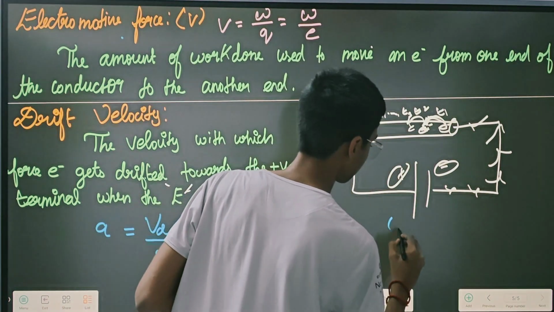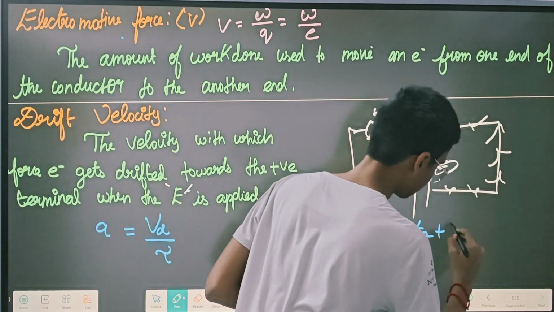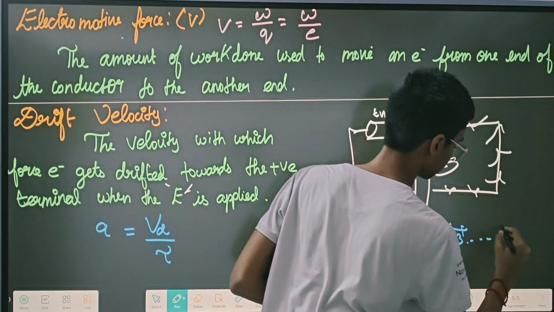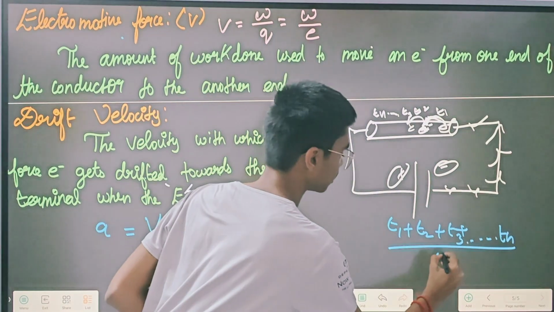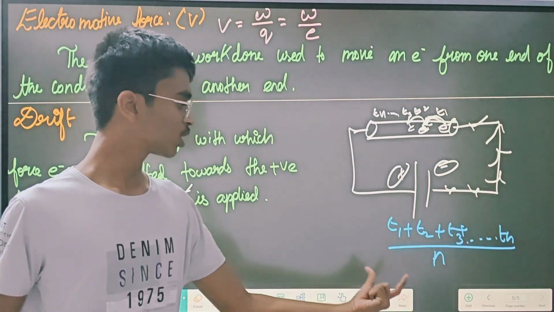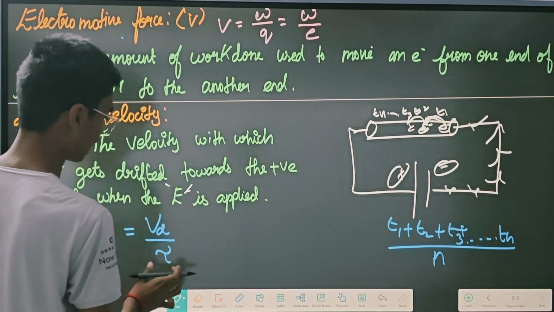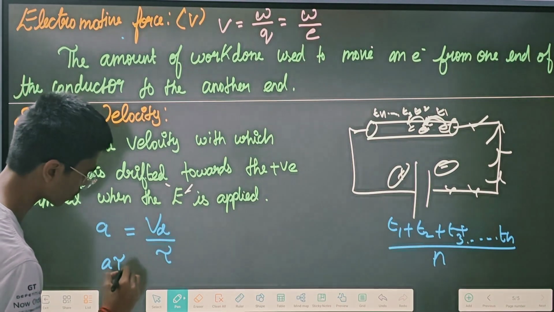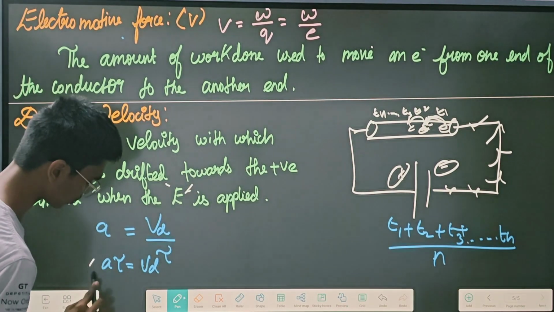See here t1 is there, so t1 plus t2 plus t3 plus so on till tn, whole divided by n. So this is what tau is, that is what this symbol is going to represent. So here time is represented as tau.